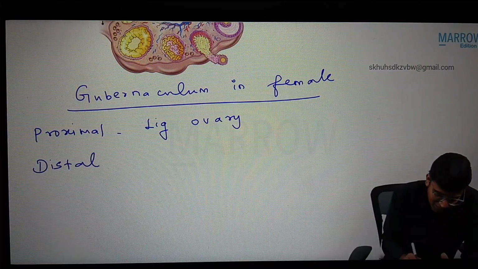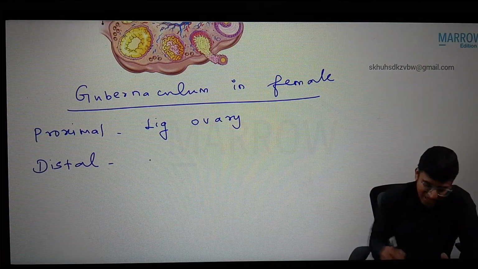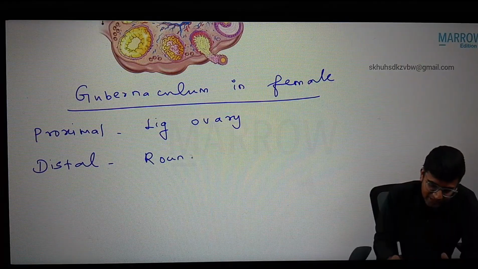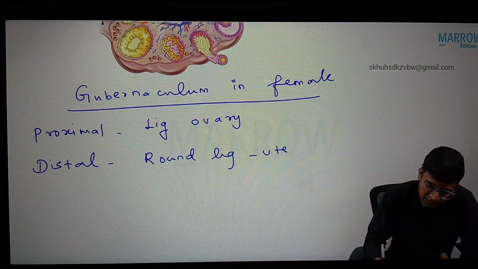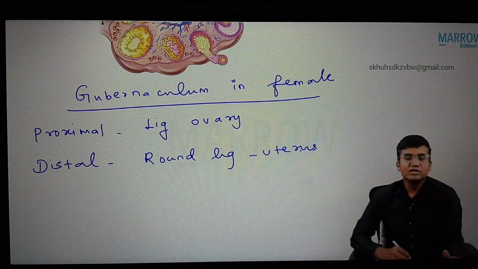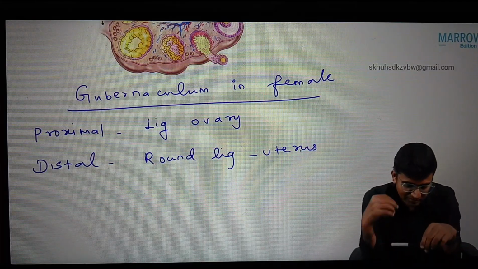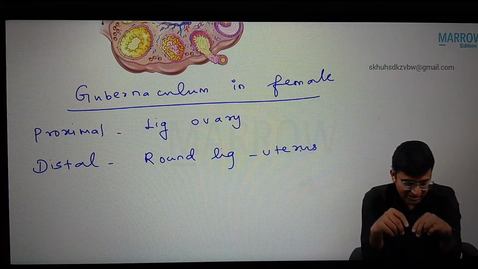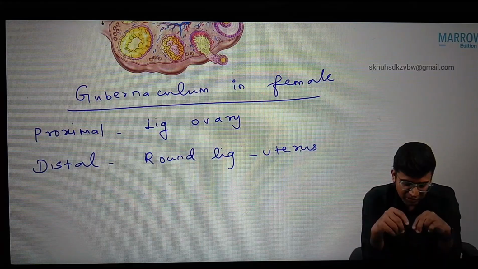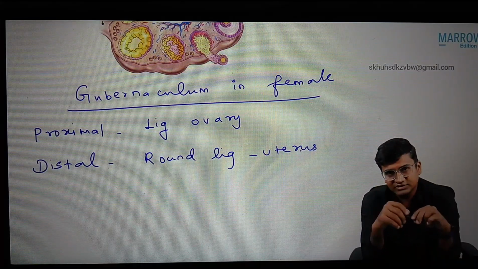The distal part of the gubernaculum in females forms the round ligament of uterus.